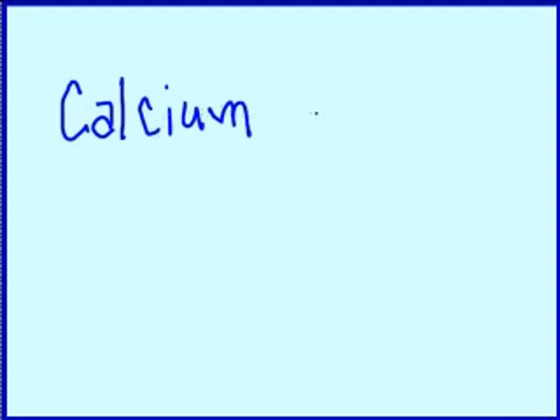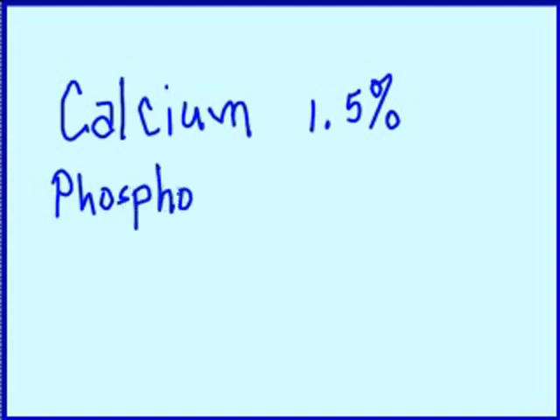Calcium has a percentage of 1.5%. It's the 5th most abundant element in the human body. And then phosphorus. And phosphorus has a percentage of 1%. And these two elements, and all the ones that follow, are minerals.